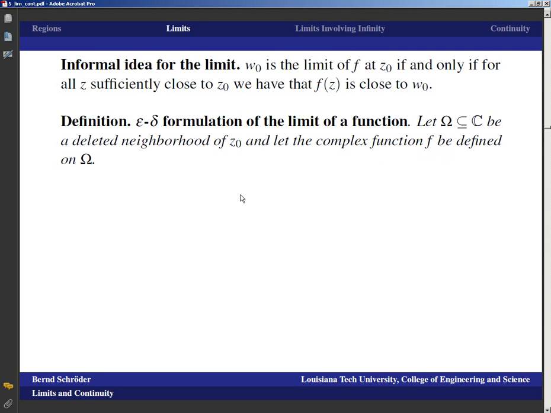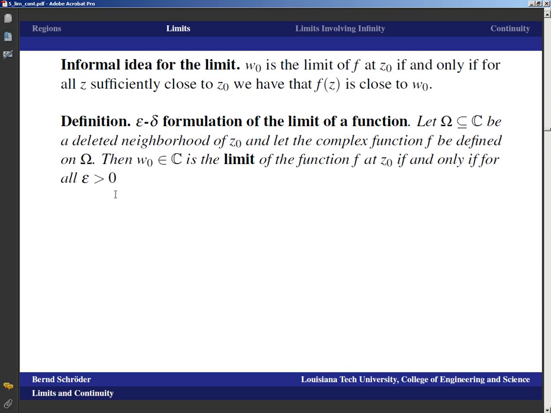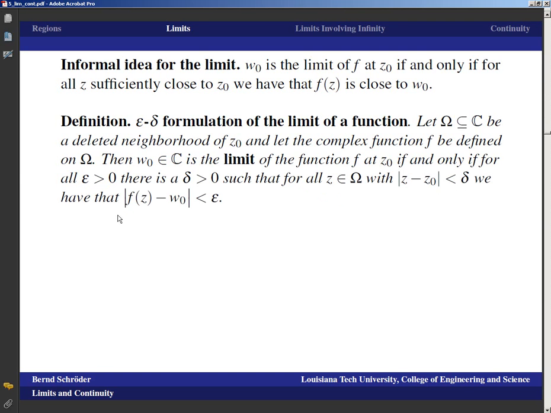And we let the complex function f be defined on omega, and we say that w0 is the limit of the function f at z0 if and only if, for all epsilon greater than 0, there is a delta greater than 0, so that for all z in omega, so that |z minus z0| is smaller than delta, we have that |f of z minus w0| is smaller than epsilon.